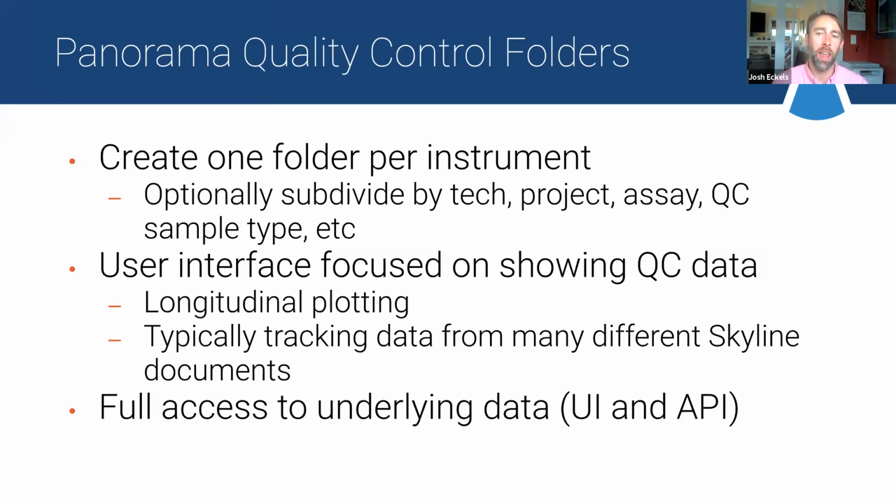You know, you've got the good one and the bad one, and if you have those mixed together, maybe they're not aligned. You're seeing peak areas that are off by 10% across them, and so that's going to introduce a whole new level of variability. So when we're monitoring an individual instrument, we want to have it in isolation.